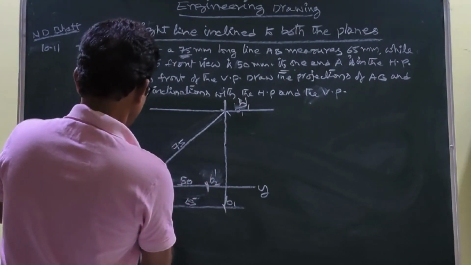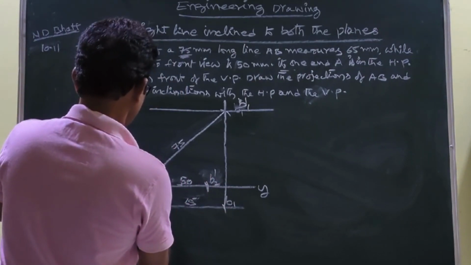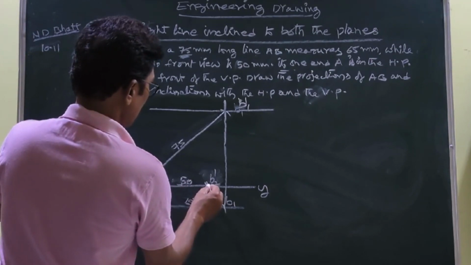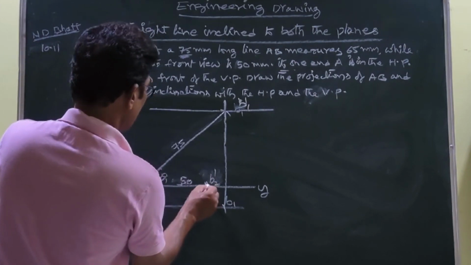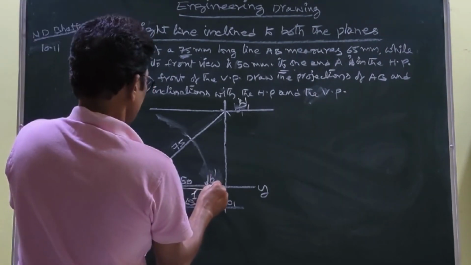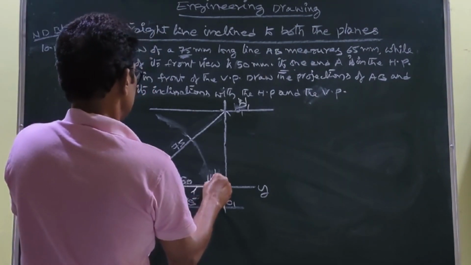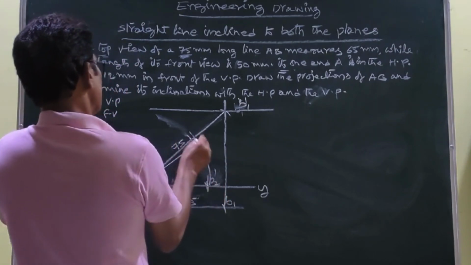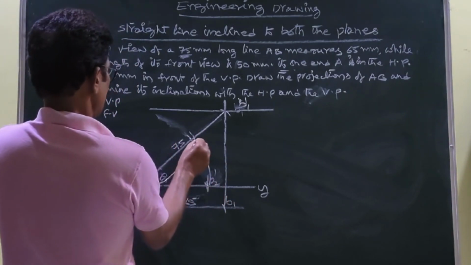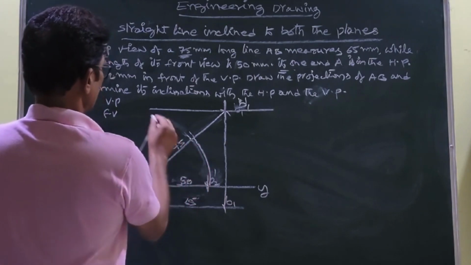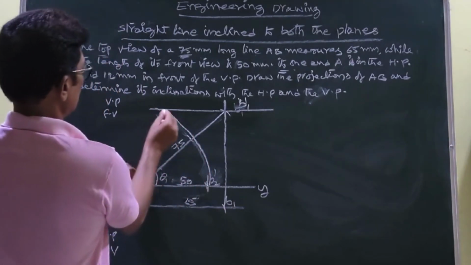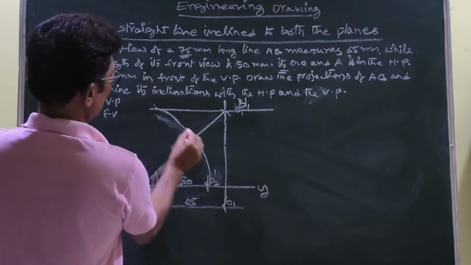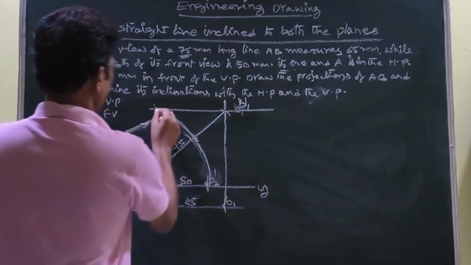Again, A1 A dash B2 dash as a radius, A1 as a center, you draw an arc until it intersects the locus line.